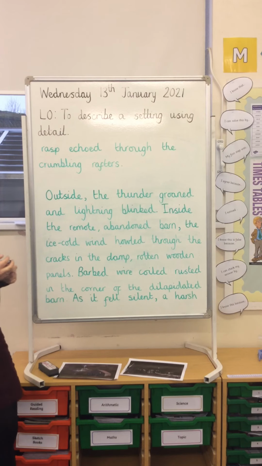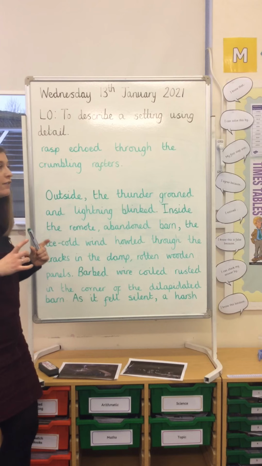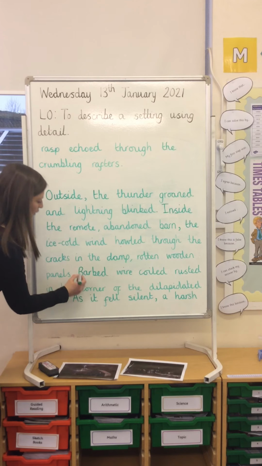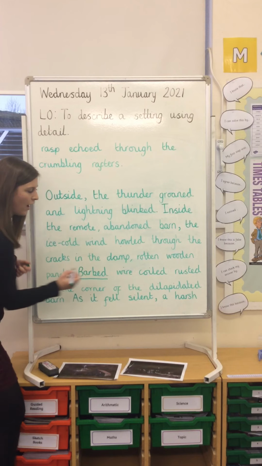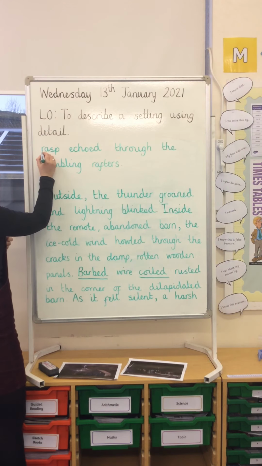Obviously I expect you maybe to write a couple more, at least 5 sentences, for your paragraph to describe a setting to me. I've chosen a remote, abandoned barn, but you don't have to. You can choose whatever you'd like. Again, don't copy Fowler's Yard, that's that text. I want to see your ideas. But can you pick out any words from that word sheet? As I've said, I've used barbed, I've used coiled, I've used rasp.